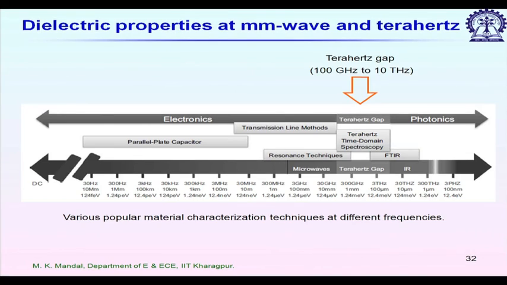Other techniques are transmission line methods. For transmission line methods, we fabricate different lengths of transmission line. It can be, let us say, a microstrip line, which supports quasi-TEM, in two different lengths, and then we simply measure the S parameters, or scattering parameters, of these two lengths using maybe a vector network analyzer.